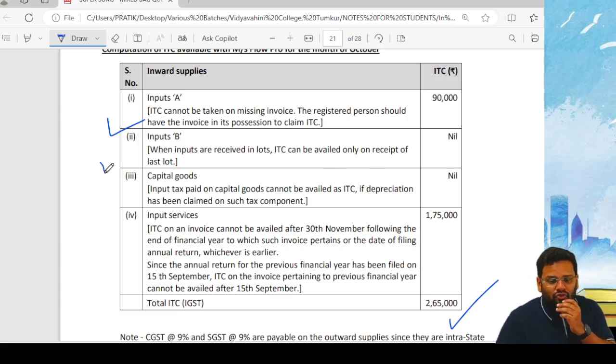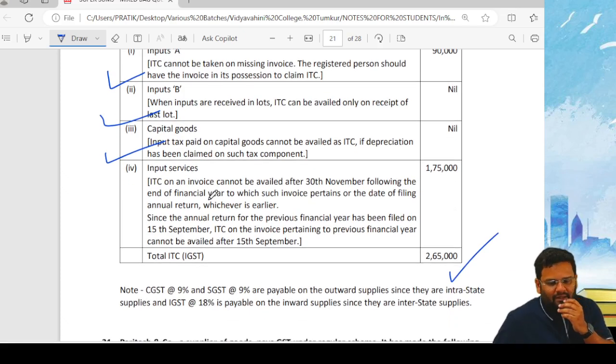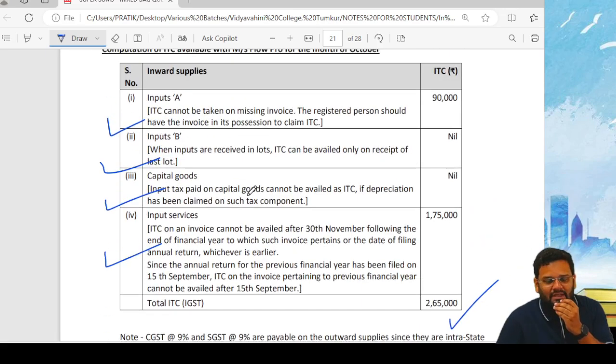So that note would also come up. Then a note for why you are not taking ITC on capital goods. And then a note on why you are not taking ITC for that 50,000 rupees, because the last date of taking ITC has lapsed.